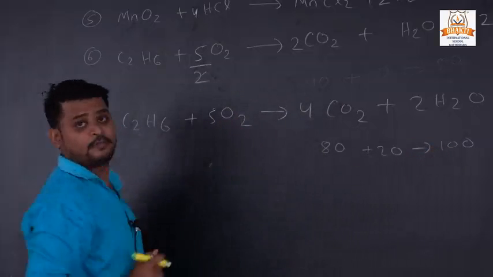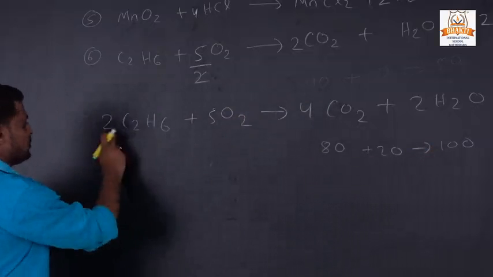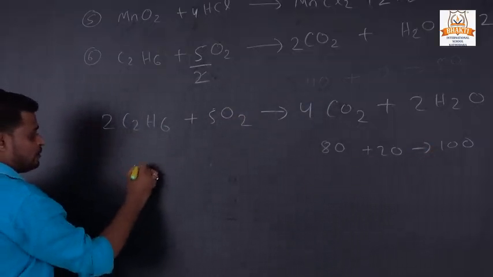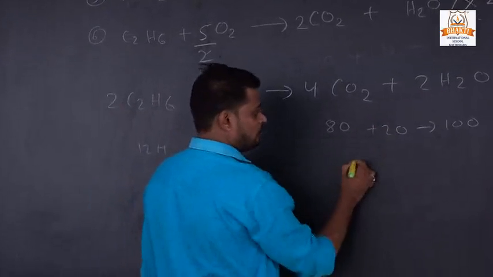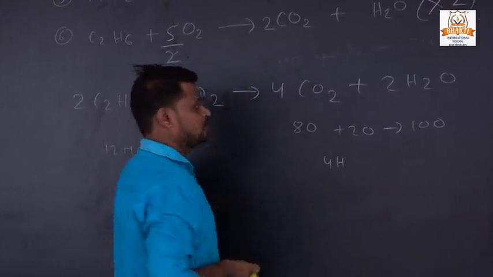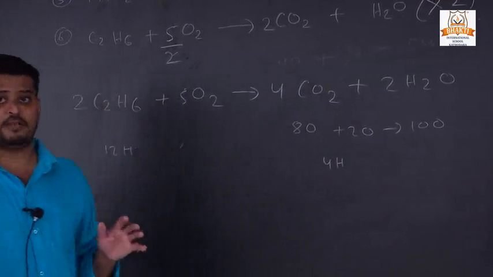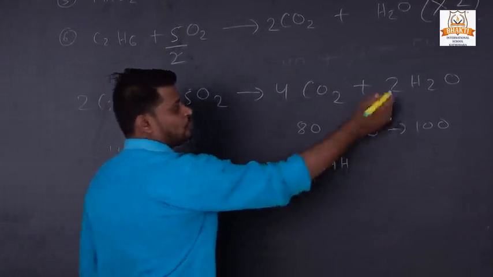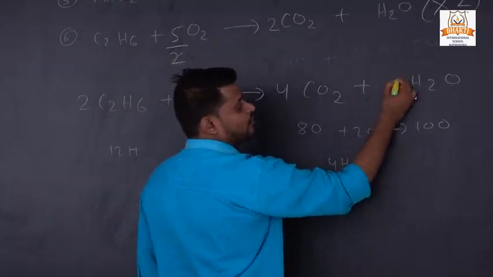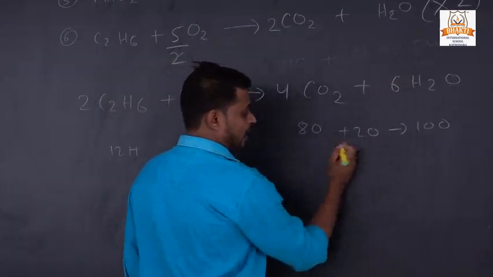Now next step, hydrogen. Now hydrogen 6 2 is 12 hydrogen, and here 2 2 is 4 hydrogen. Hydrogen is unbalanced. So here 12 and here 4. So we will multiply 2 with 6. 6 2 is 12. Then hydrogen balanced.